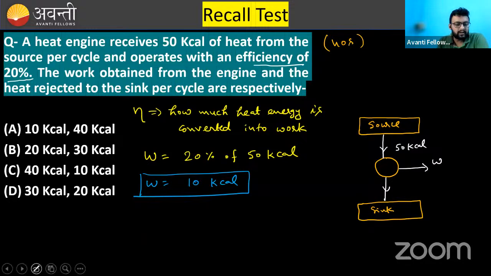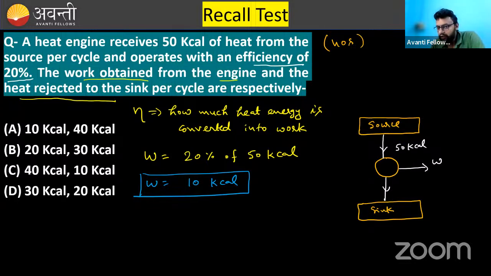After that, they are asking for the work obtained from the engine and the heat rejected to the sink. Now 50 kilocalorie is coming from the source, and 10 kilocalorie work is done. Then the remaining will be 40 kilocalorie.